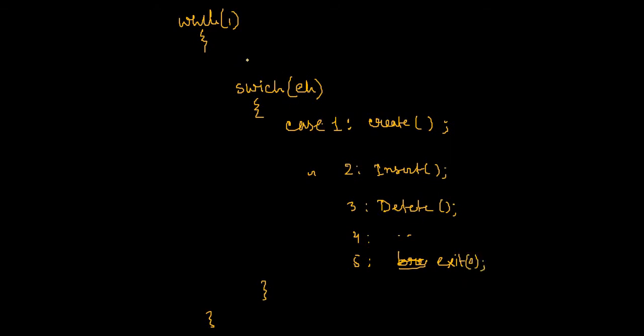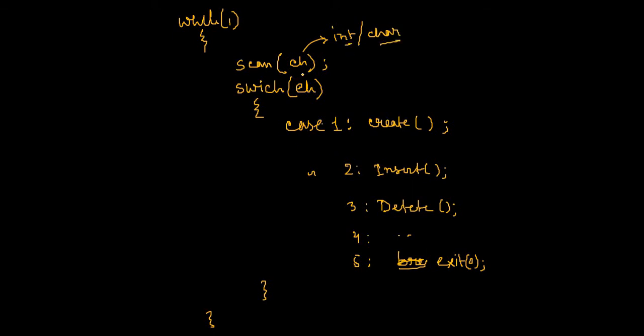And here you will have to scan the ch. This ch can be an integer variable, it can be a character variable, it can be anything. It depends upon what you have to write.